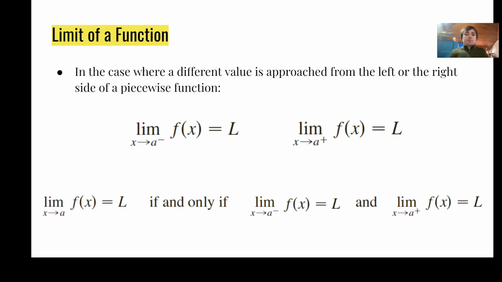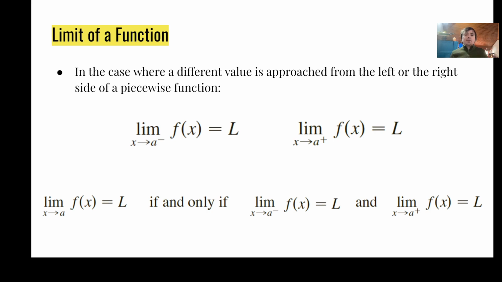In the case where a different value is approached from the left or the right for a stepwise function, the format is a little bit different. So the x goes to a from the negative would be shown with the leftmost option. And then if you approach from the positive side, it'd have x going to positive a.